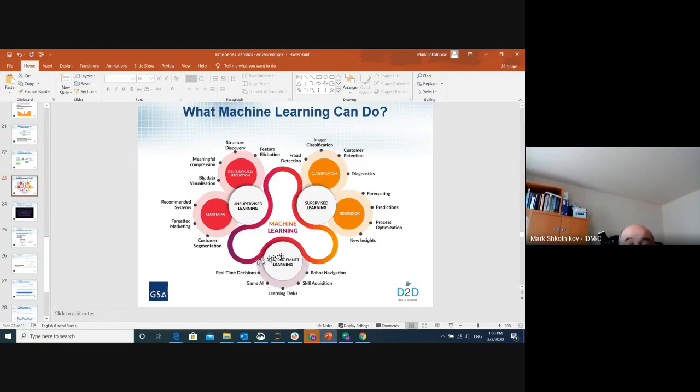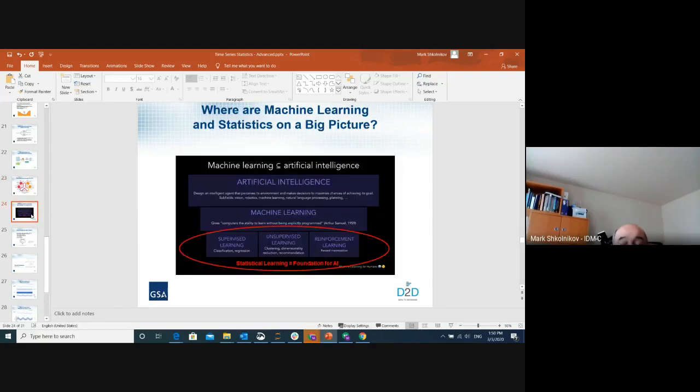So I think I gave you an overview of machine learning. The only other thing I would like to talk about before leaving it alone is the big picture. Machine learning belongs to artificial intelligence, and it is somewhere in the middle. The foundation for machine learning is supervised learning, unsupervised learning, and reinforced learning that we just looked at.